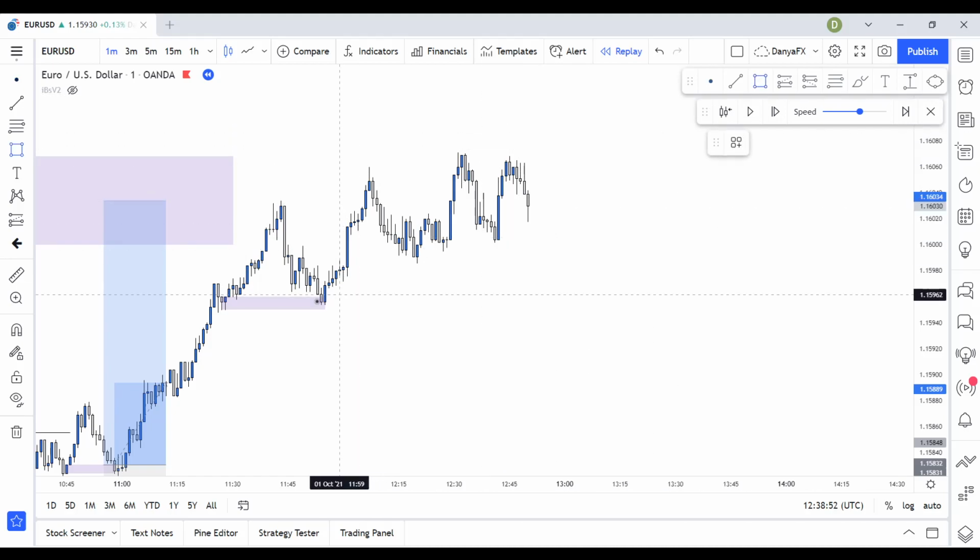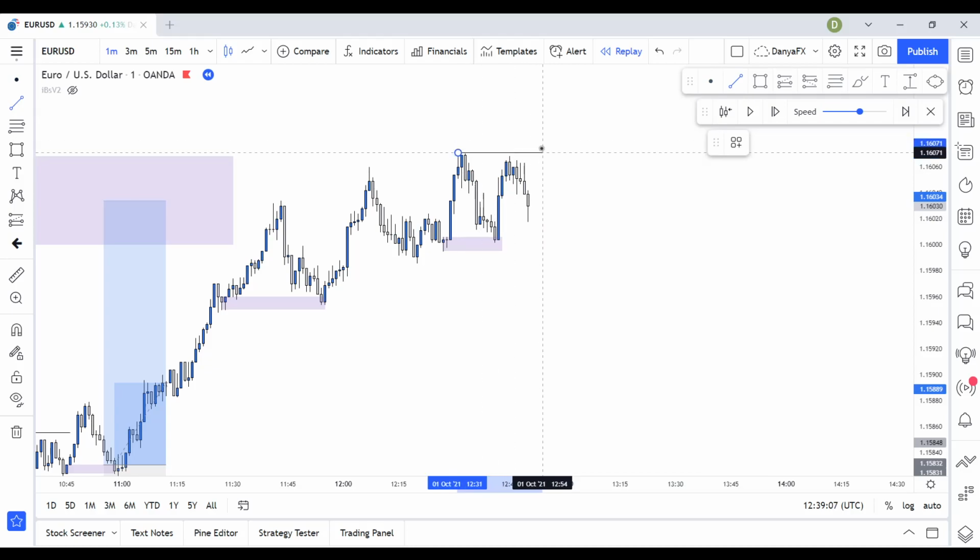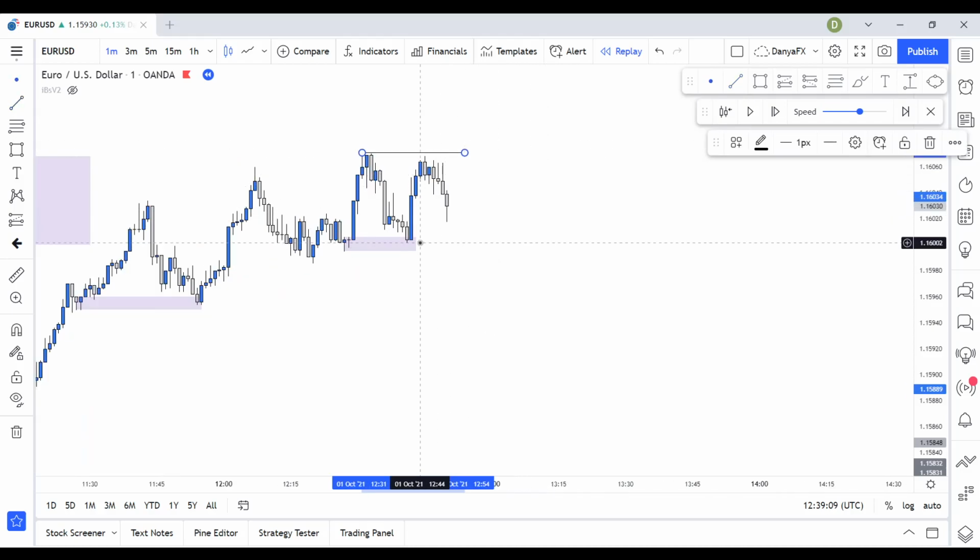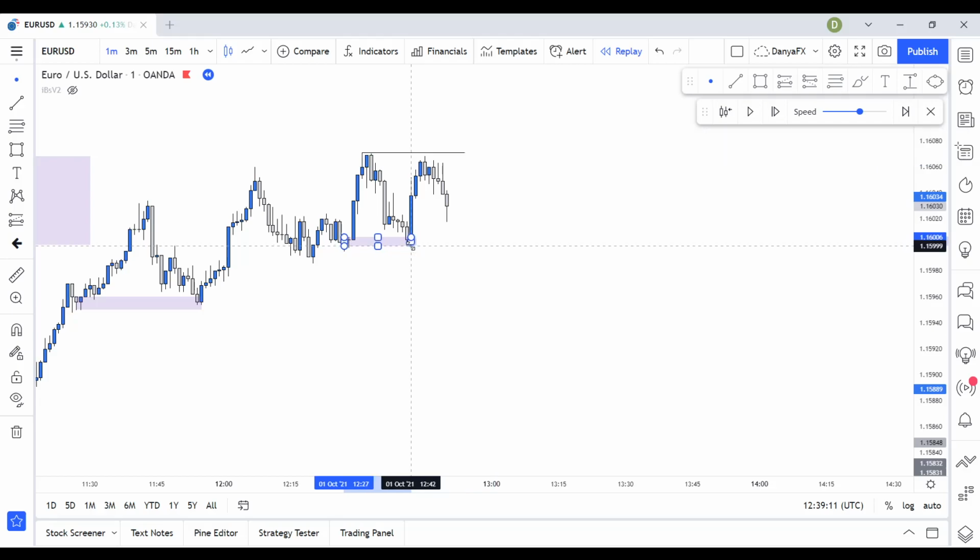As you can see here and here, got respect. But what's the most recent swing high is here. So as you can see, this demand has failed to print a new higher high.